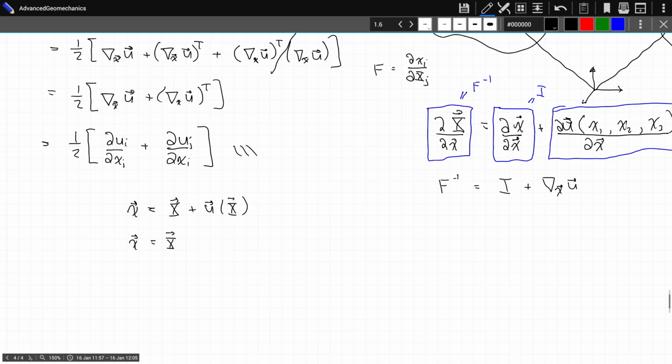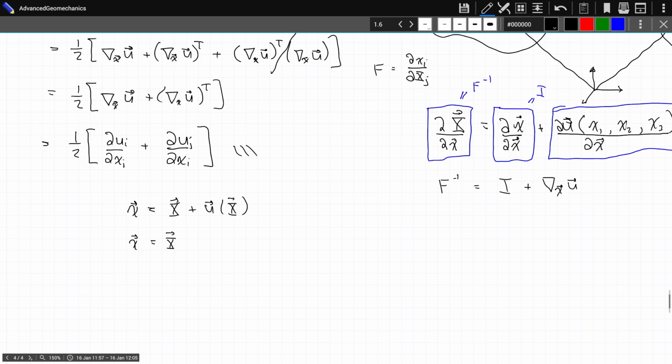So this is where we get these different definitions, and what we'll learn later in the class is that each of these definitions of strain has an energy conjugate stress measure. Remember from undergraduate mechanics or geomechanics, stress is like a force divided by an area. But what area? The reference area or the current area?